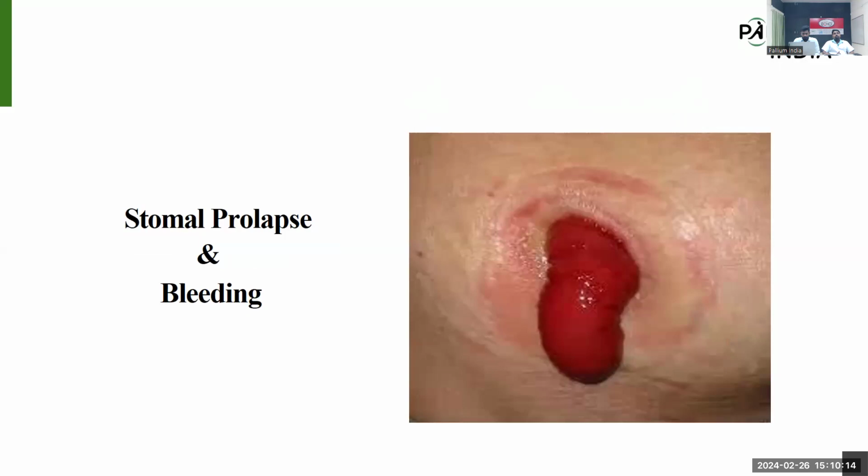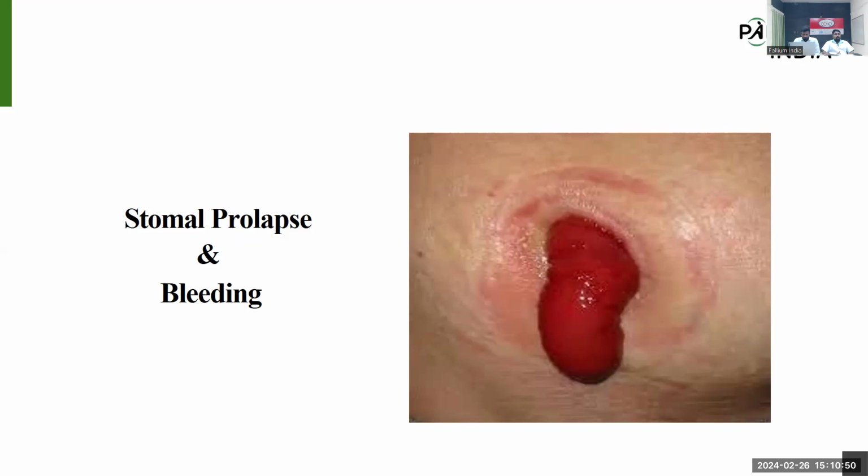The abdominal wall is already open, the muscle layers are all open, so the prolapse happens due to this reason. Mild prolapse you can insert back using our little finger, but for moderate to severe prolapse we need to get a suggestion or opinion from the surgeon. Then bleeding. Bleeding happens mainly due to any accidental injury, or if the patient is getting any NSAIDs or has a decreased platelet count, the bleeding chance will be there.